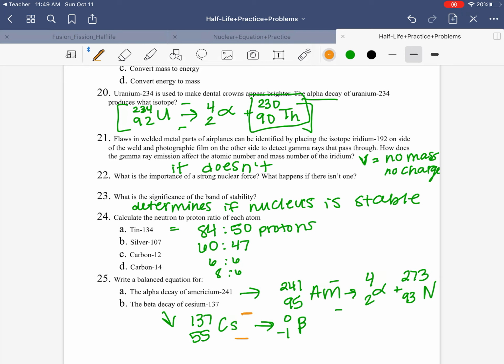So 137 minus 0 is going to equal 137. And then 55, so you're subtracting a negative. So in reality, you're going to be adding. So 55 plus 1 is going to be 56. So you end up with barium, Ba. So that is the equation.